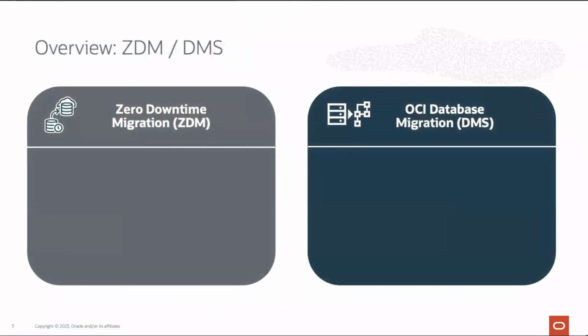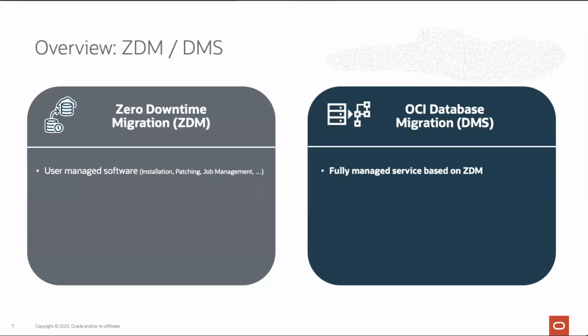Now, let's compare Zero Downtime Migration and the Database Migration Service. So we already know that OCI Database Migration is using Zero Downtime Migration in the backend. And the important thing here to understand is if a customer uses Zero Downtime Migration, this is user-managed software.